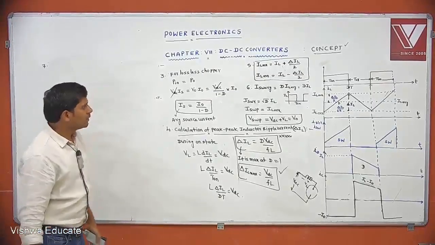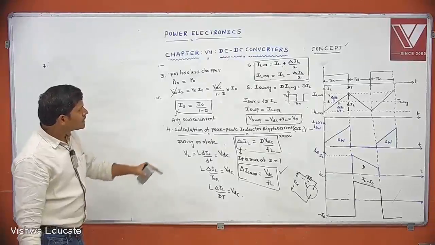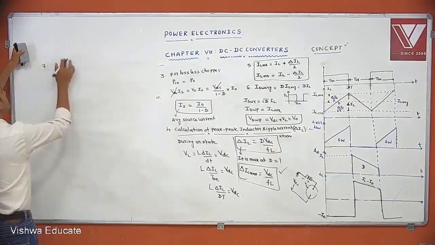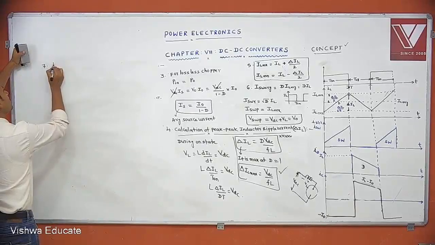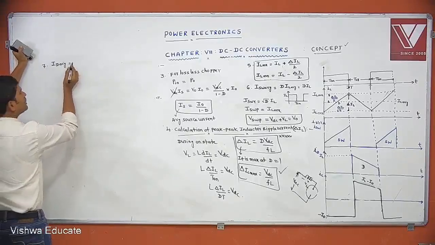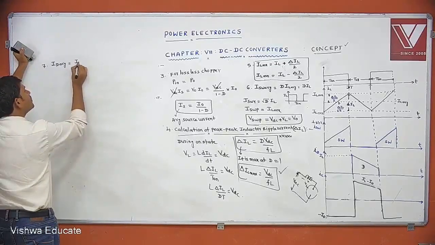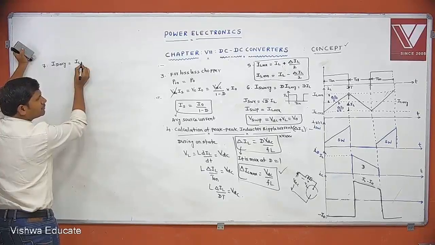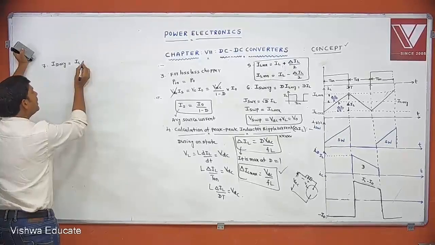This is the seventh one: calculate the average diode current. You tell me the average value of diode current, ID average. During which time is the diode conducting? Off state. The diode carries the inductor current.